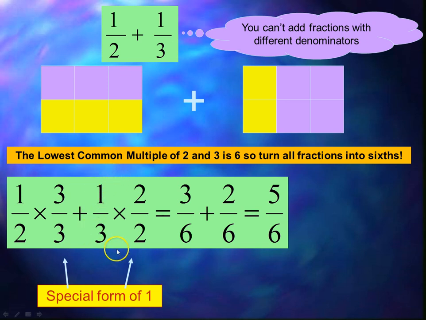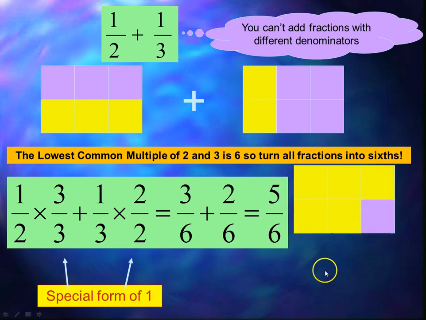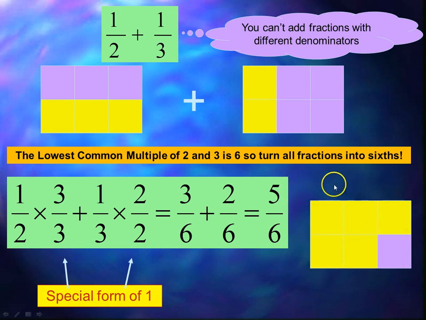And the same thing with 1/3. 1/3 times 2/2, which again is the special form of 1. And that equals 3/6, which we saw right here, plus 2/6, which we saw right here, which equals 5/6. And here is 5/6 in a picture format.